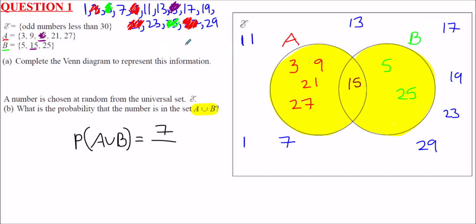If you really want to, you can count them. I'm hoping you'd realise that it should be 15. 30 numbers between 1 and 30, 15 are going to be odd, 15 are going to be even. So the probability of picking something in this region, A union B, is 7/15.